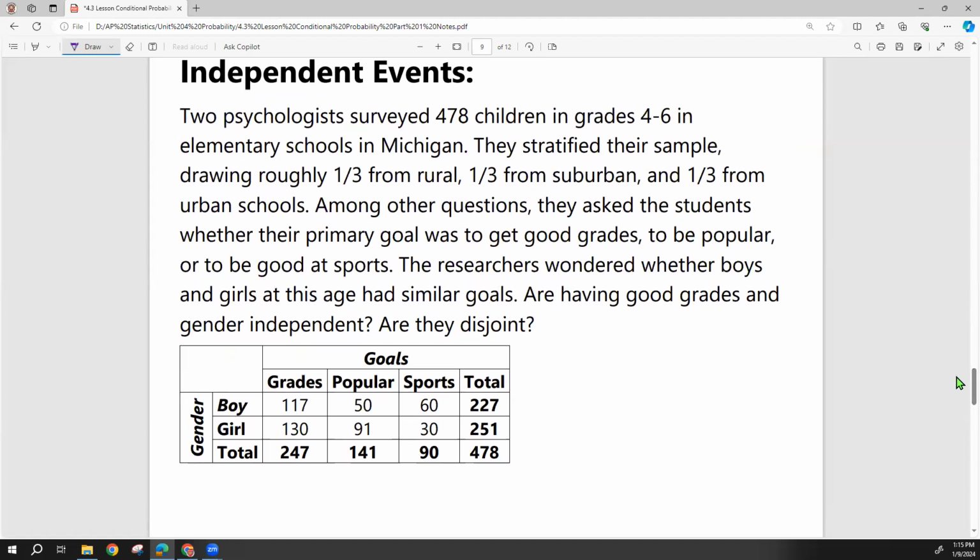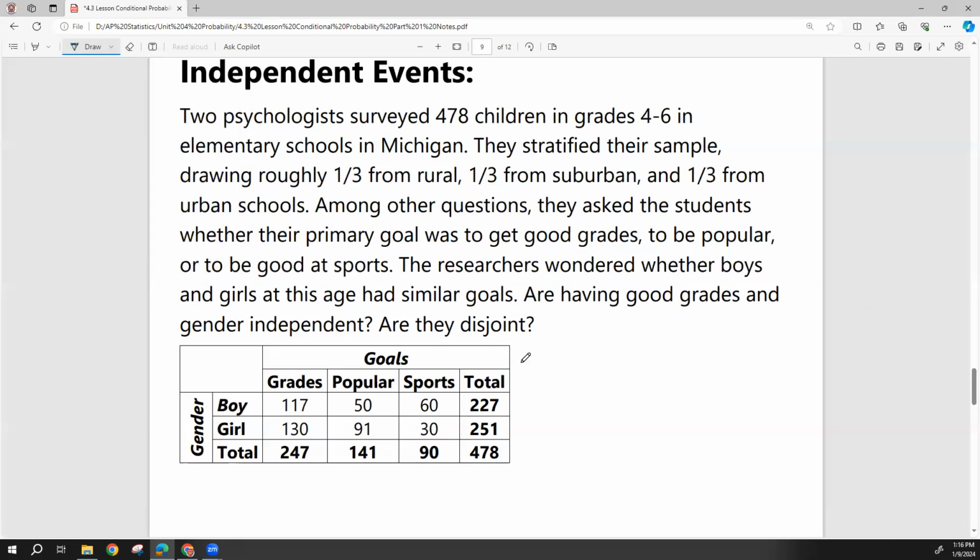Let's analyze our children and their interests. So I believe we did something like this a long time ago at the beginning of the year, where we actually did look at conditional probabilities like we did a minute or two ago.